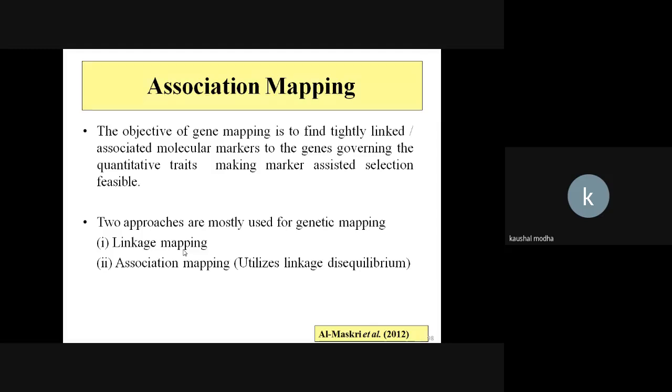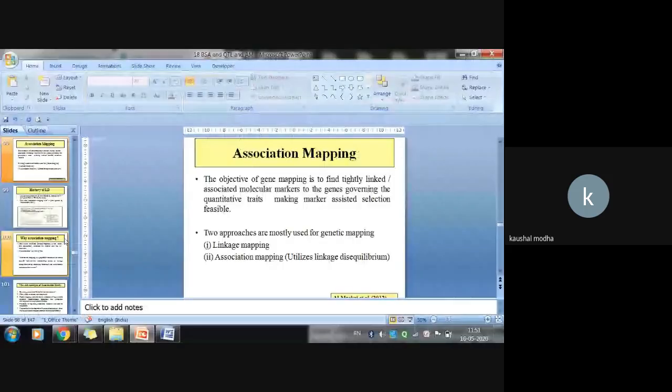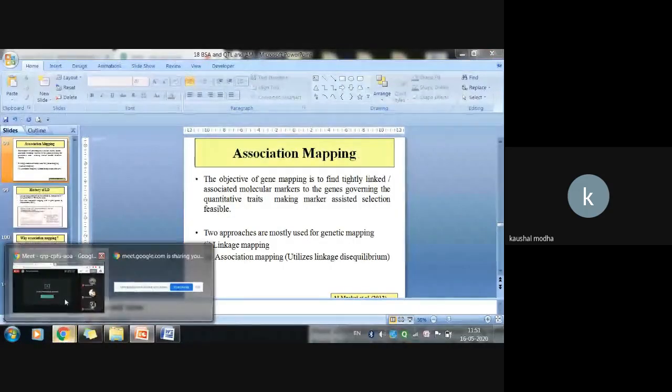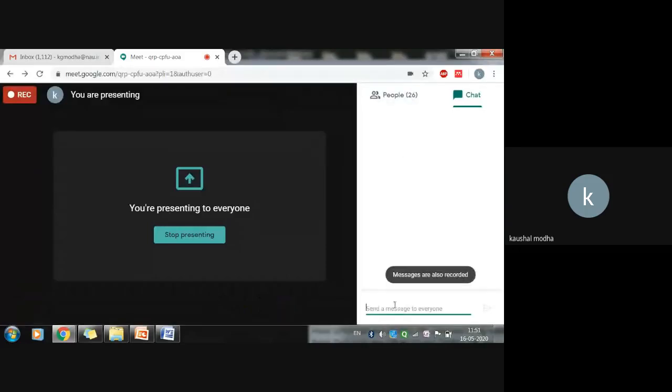I will wait for 2 to 3 minutes if there is any question related to QTL analysis. Otherwise, I will continue with association mapping and linkage disequilibrium.